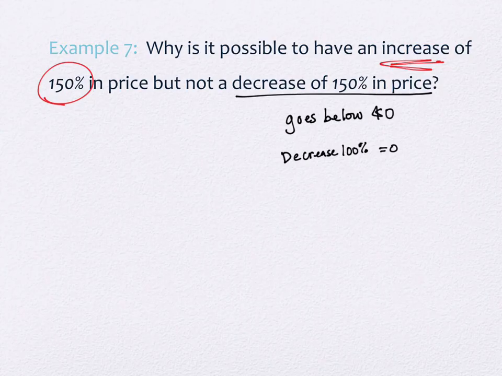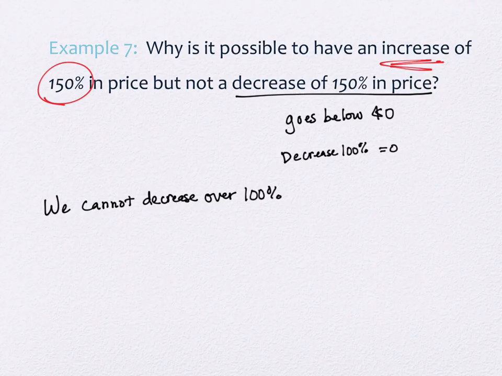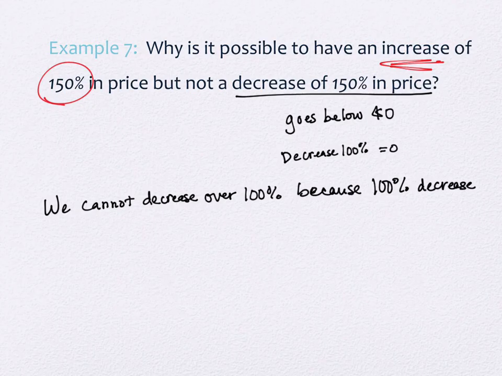So the issue is we cannot decrease over 100% because a 100% decrease means we pay $0, or you could say it's free.